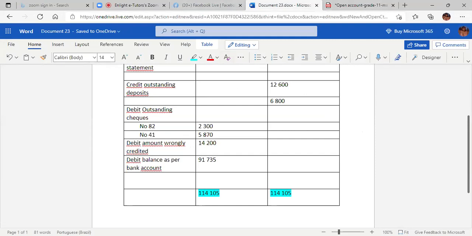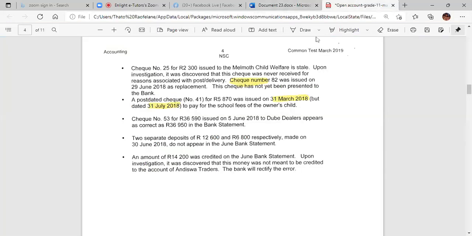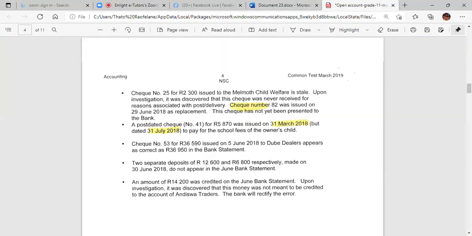A stale check, we cancel it. When we had a check, we had a minus, so we cancel it by having a plus.